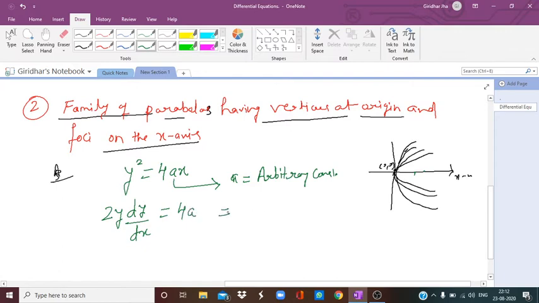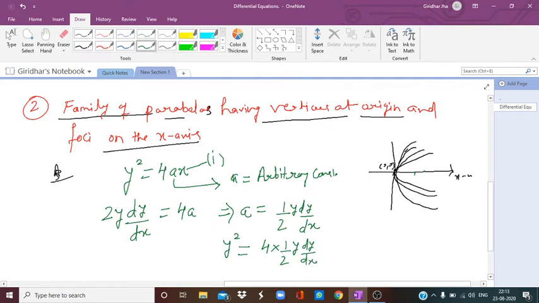Now from here we will get a equals 1 by 2 into y into dy by dx. Now this value of a we will put into equation 1. So after substituting the value of a here, we will have y square equals 4 into 1 by 2 into y into dy by dx.